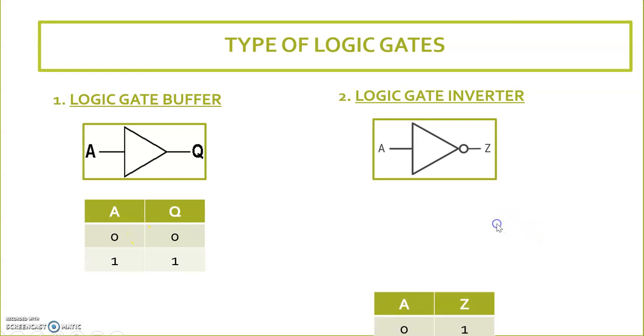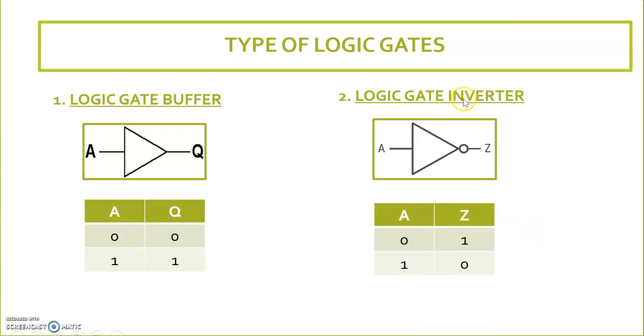Number 2 is inverter. Inverter is very similar to buffer, except that it has a dot over here. It has one input and one output. A is the input and Z is the output.